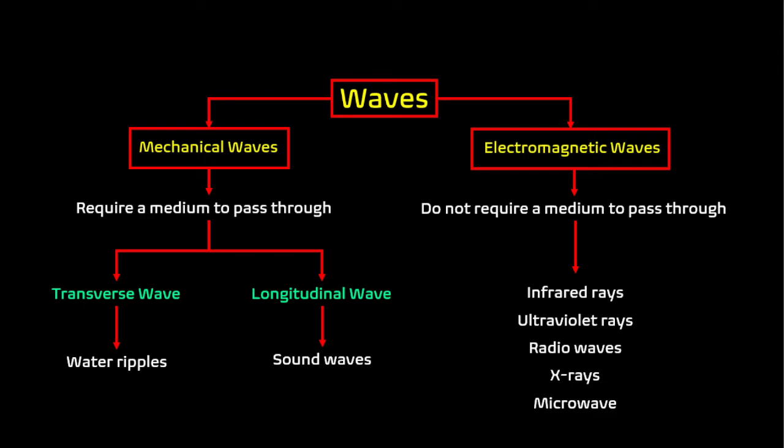They will travel through air for you to be able to listen to different types of sound. And as for electromagnetic waves, since they don't require a medium to pass through, some examples that you can relate to are infrared rays and ultraviolet rays of the electromagnetic spectrum, radio waves, X-rays that we use in the medical industry, and microwaves.